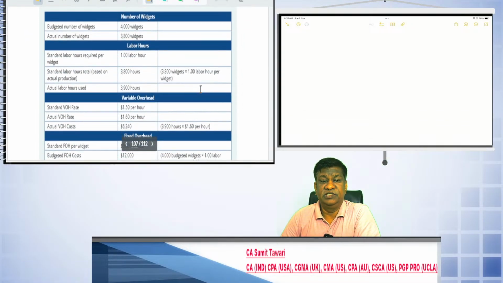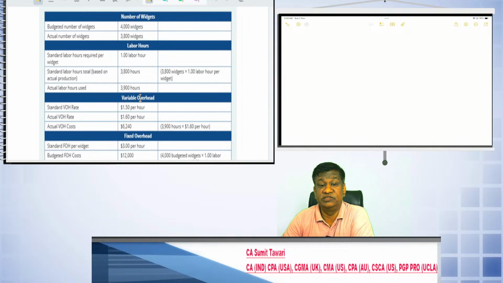So here you can see the budgeted number of wide gates is 4000 and actual production is 3800. Standard labor hour per wide gate is one labor hour. Standard labor hours total based on the actual production is 3800 and actual labor hour is 3900.